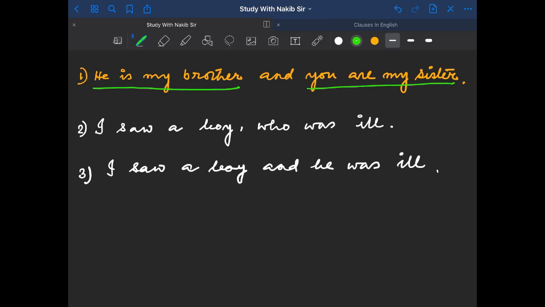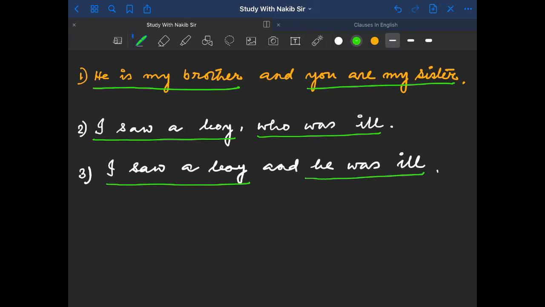It's a long sentence, and these are its 2 parts. Here also, the second sentence has 2 parts: I saw a boy, and who was ill. The third sentence has 2 parts also: I saw a boy, and he was ill.